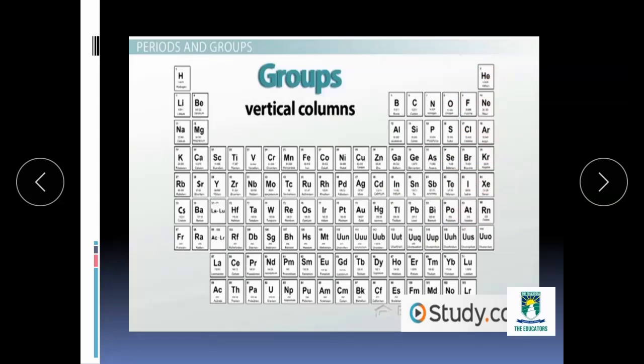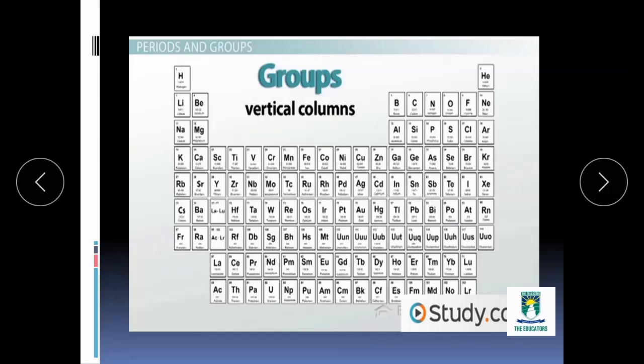These are actually the subgroups which are called transition metals. So how can we define groups? The vertical columns in the periodic table are called groups. For example, the first group consists of hydrogen, lithium, sodium, potassium, rubidium, cesium, and francium. So these are the members of the first group.